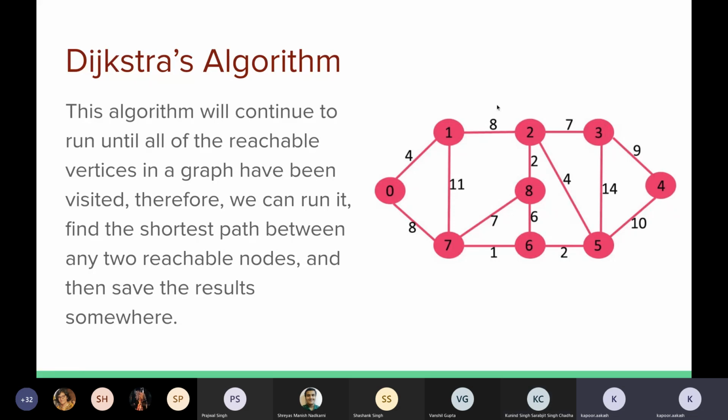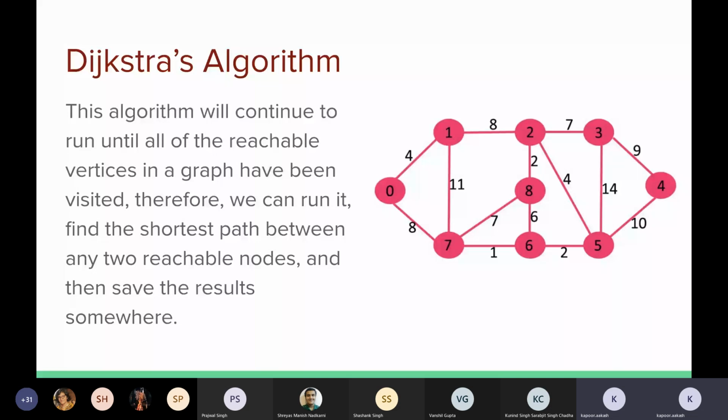Eventually you will have an entry in the distance array for every node. What you need to do is check whether the entry that is already present is smaller, or whether the updated entry you can provide at a given step, that is the distance to the current node plus the distance between those two nodes, is smaller. Whichever is smaller is the shortest distance, and the path will change accordingly.